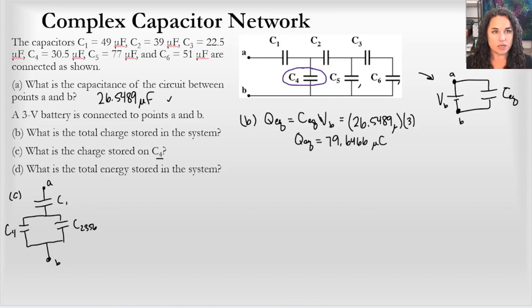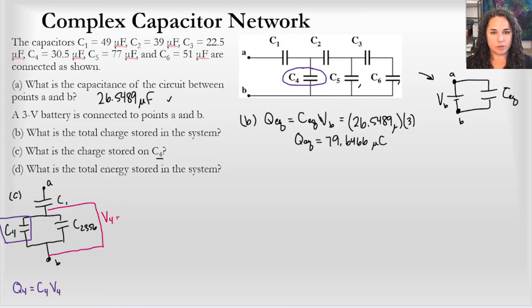So it seems like if I wanted to find Q4, the charge stored on C4, I would take C4 and multiply by V4. That would be a good idea, right? When I look at this circuit, there is going to be a voltage drop from this point to this point, which is V4.